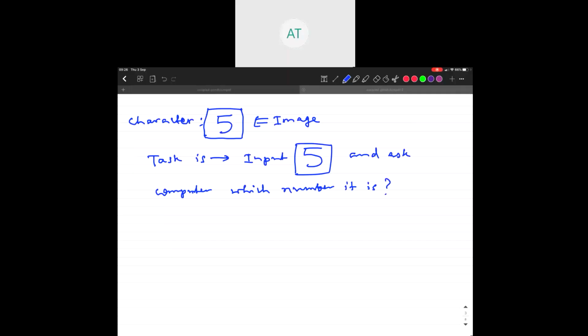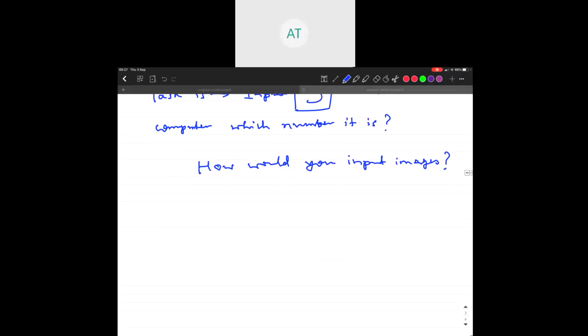And then when you give it another fresh input, it should be able to identify it. So how would you really make the computer understand what 5 is, or how would you input images? This is done in an interesting manner.